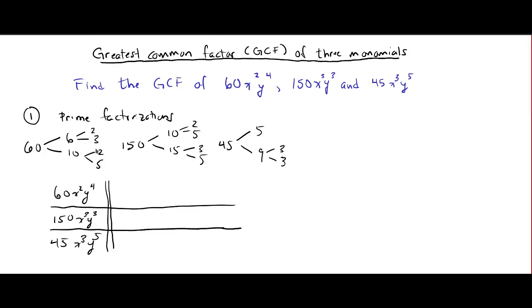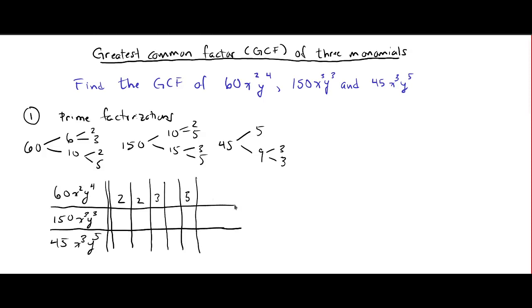So 60, we've got 2 2s, a 3, and I'm going to skip a column here because we see we've got 2 3s coming up in the 45 factorization. And then we've got a 5 as the last factor of 60.